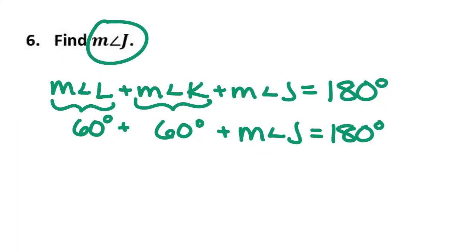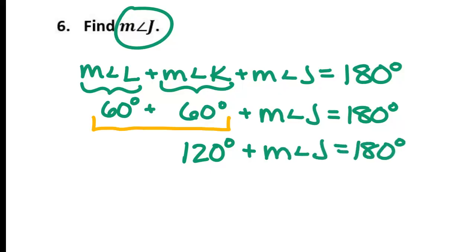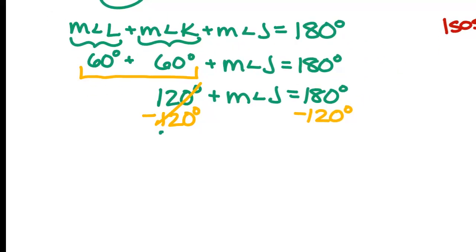So let's combine our like terms of 60 and 60 together. What is 60 plus 60? 120 degrees plus the measure of angle J equals 180 degrees. Then I'm going to subtract 120 degrees from both sides. How big is angle J? 60 degrees.